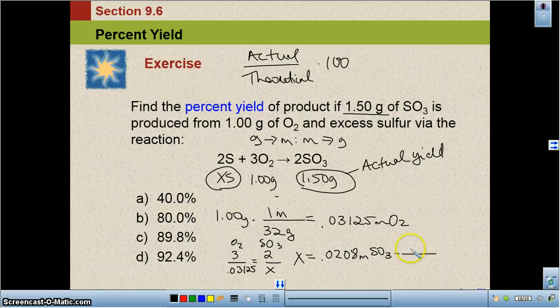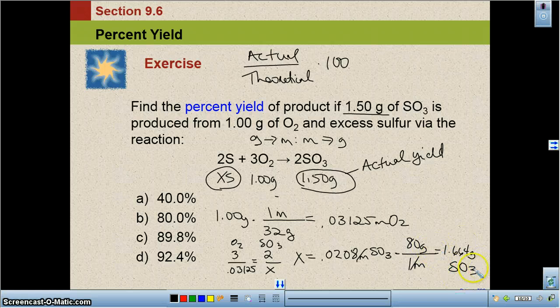The next thing we need to do is to change moles to grams because my actual yield is in grams. So I know that 1 mole is going to go on bottom, and I calculate the molar mass of sulfur trioxide. The mass of sulfur trioxide is 80 grams per mole. So I multiply that 80 times 0.0208, and theoretically I should end up with 1.664 grams of SO3.